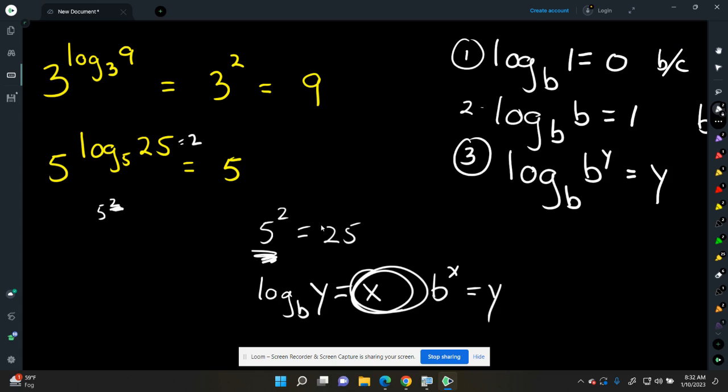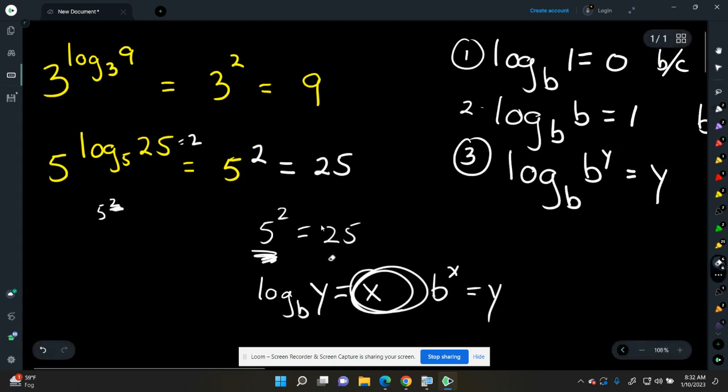Your brain is so far ahead, but if you're going to write your answers down in a way that I can understand, you need to go back and fill that in the correct way. So log base 5 of 25 is 2. So now I have 5 to the second, which equals 25.